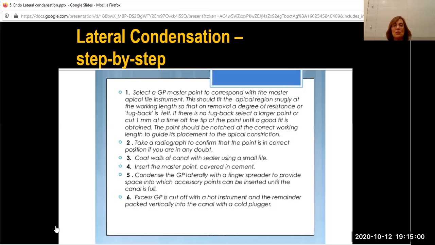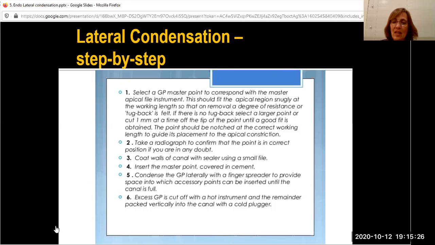Okay, so lateral condensation step by step. I've already discussed the master cone. Now with the master cone, we need to feel a tug back. The tug back is when the tip of the master cone is embedded in the aperture, right above the constriction of the root.